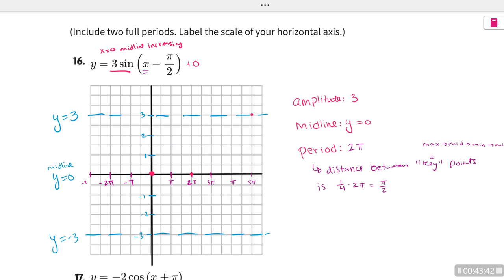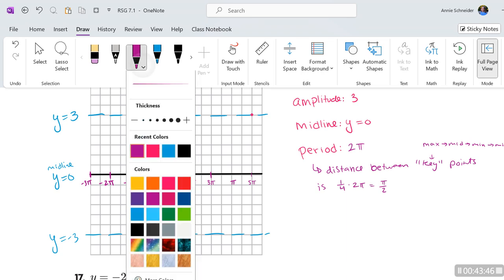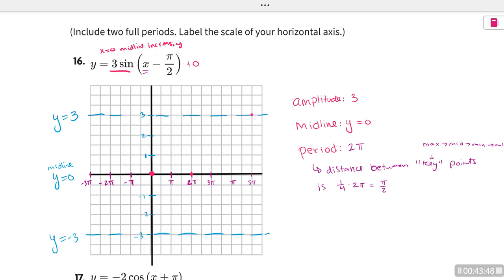So negative 3 pi would be all the way at the end here. Okay, so now we're going to follow that same pattern, only now we're going to be right here, right? So pi over 2, 3, and here we are 3 pi over 2, negative 3.